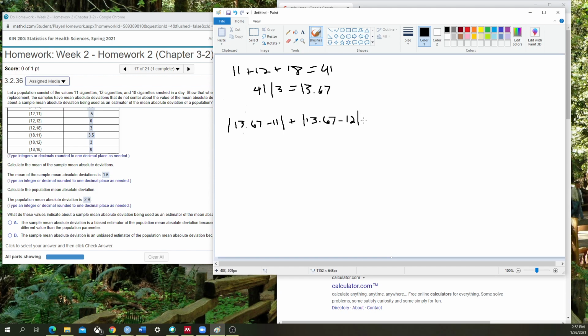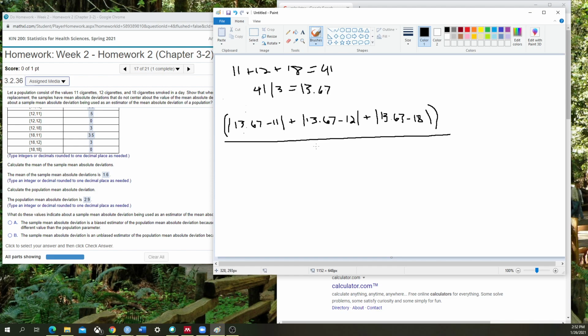And remember, these bars represent that I'm calculating the absolute deviation. Plus the absolute value of 13.67 minus 18. I'm going to put that in parentheses, and then I'm going to divide the whole thing by the total number I have in my population.